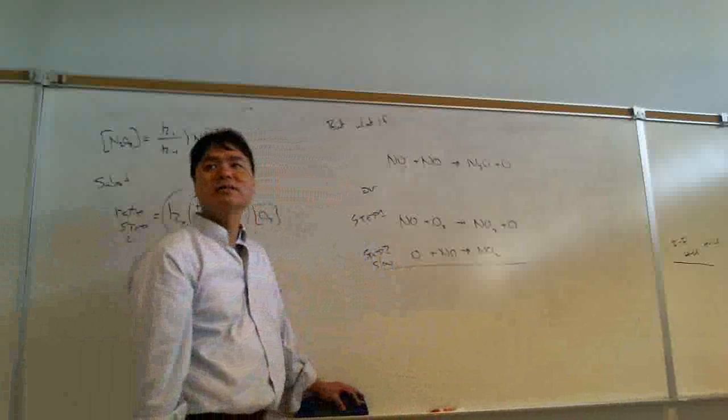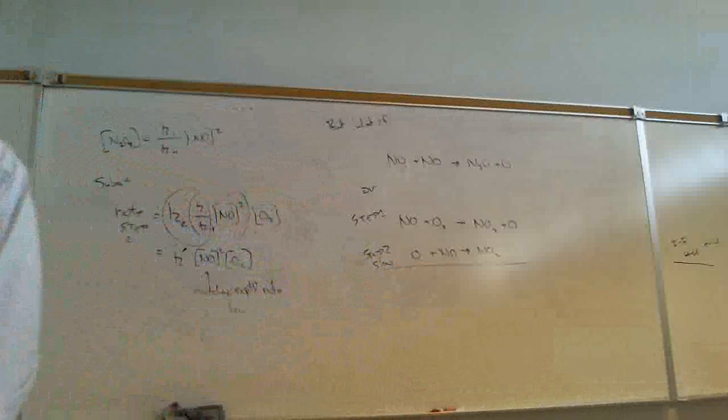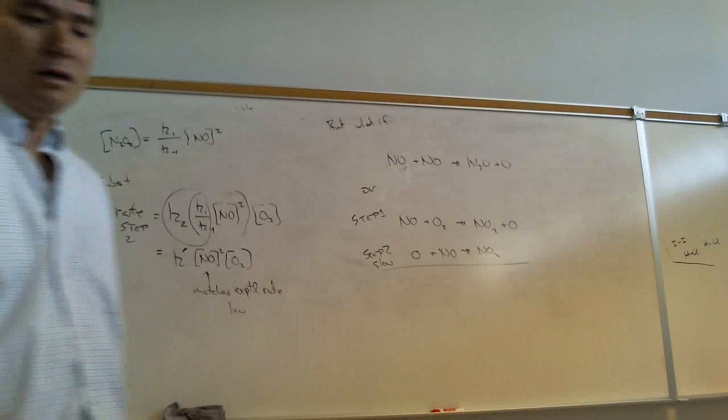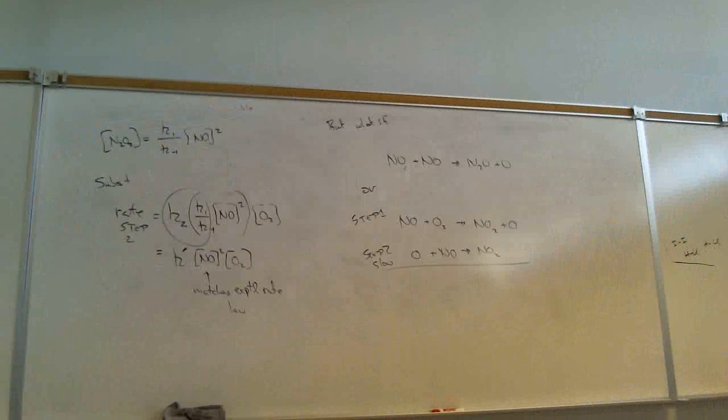If we call the second step slow, actually, I'll stop here because I'm out of time. Would we get the same rate law? Is this one also consistent? And so try it and see. Okay. I'll stop here. But we're not quite done with chapter 14 yet.